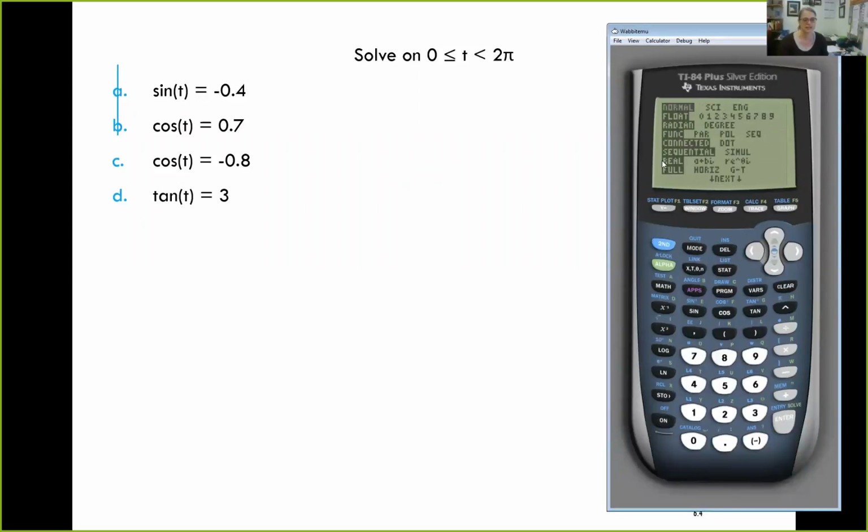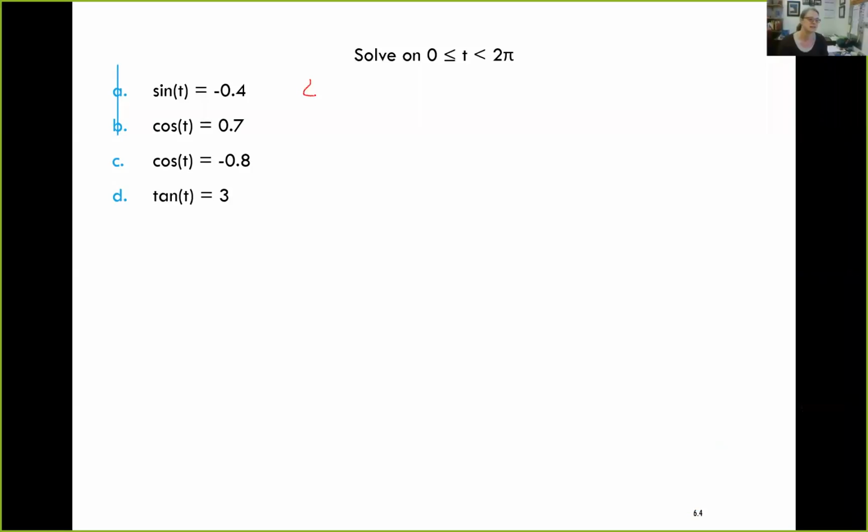So make sure your calculator is in radians. We're looking for the angle whose sine is negative 0.4. So t is going to equal the inverse sine of negative 0.4.